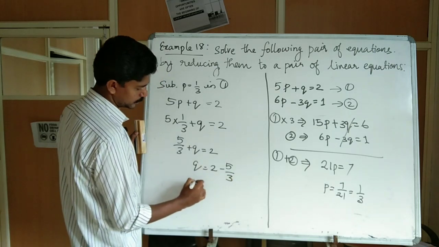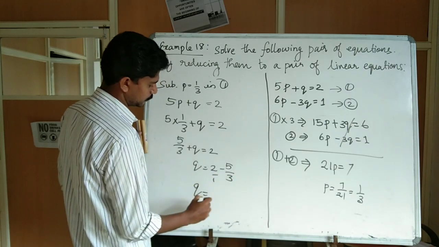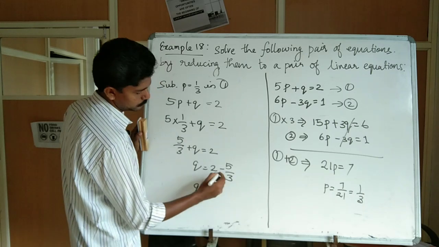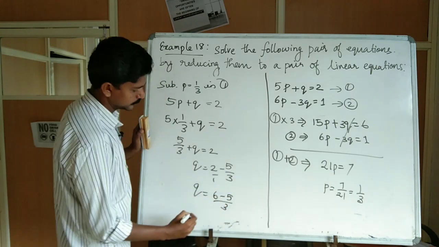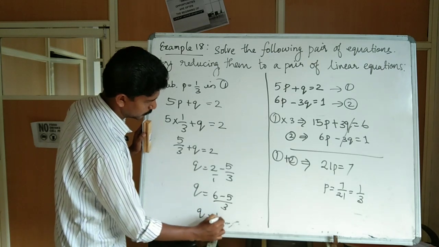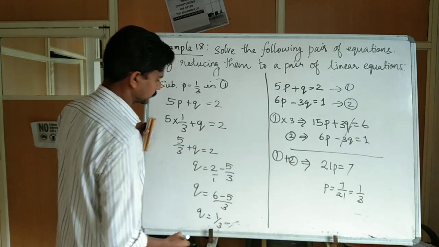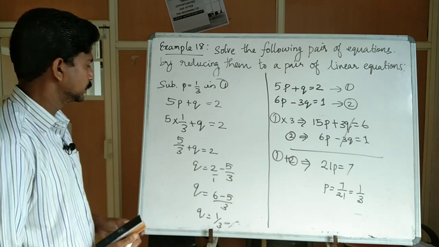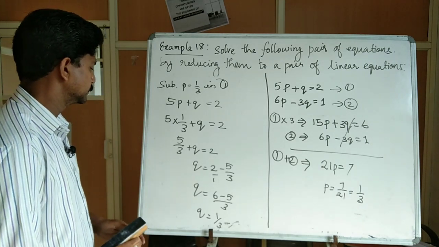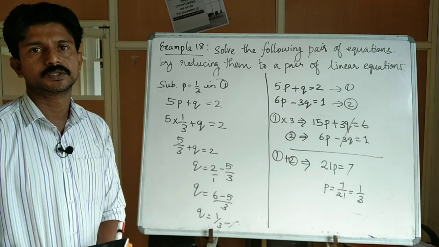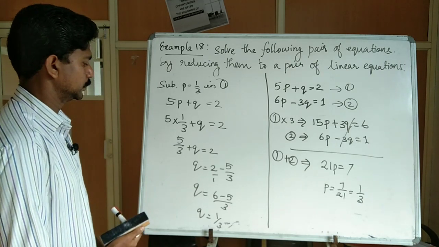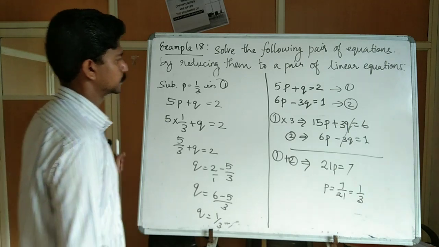Now with cross multiplication, we get 6 minus 5 by 3. So q is equal to 1 by 3. So we got the q value also as 1 by 3. Now we have the p and q values.